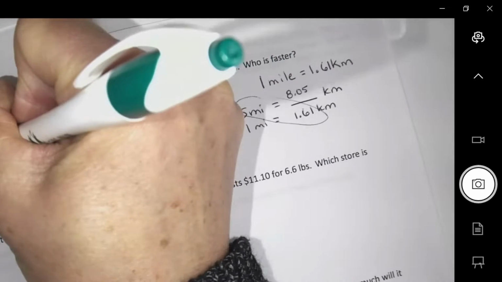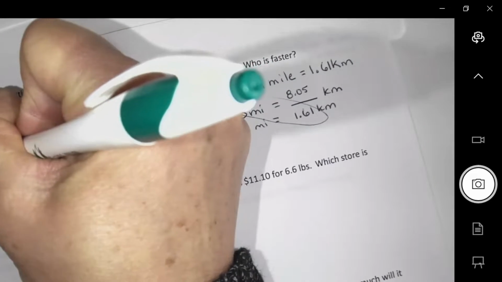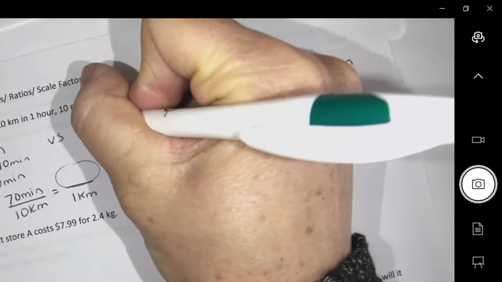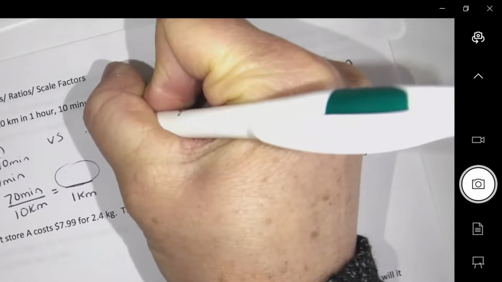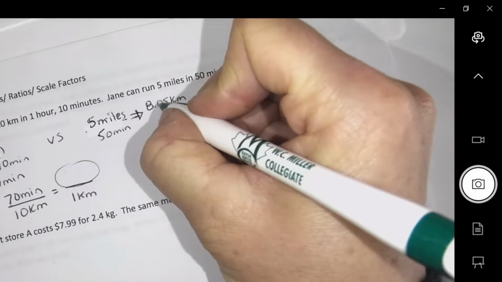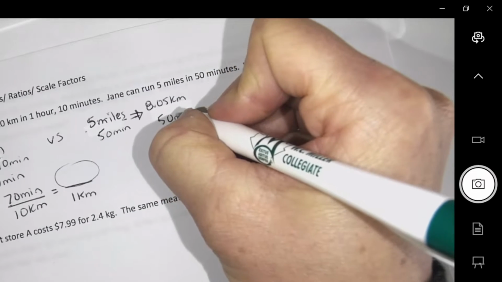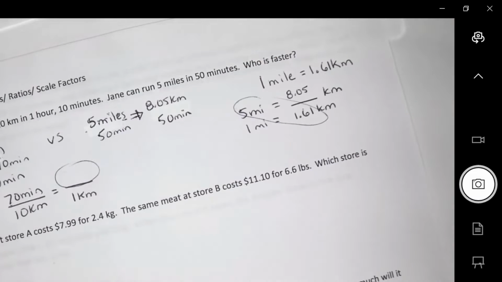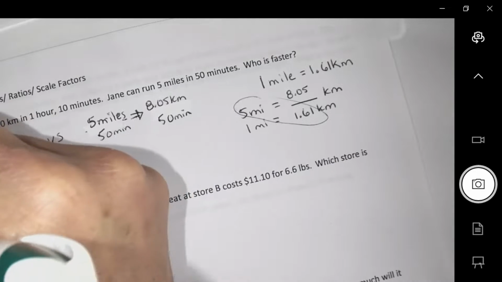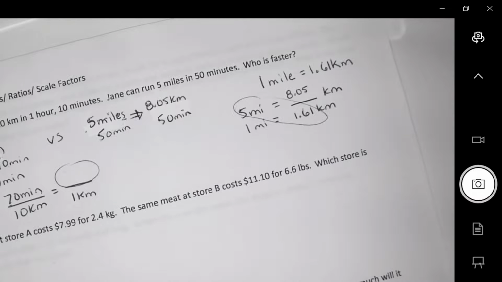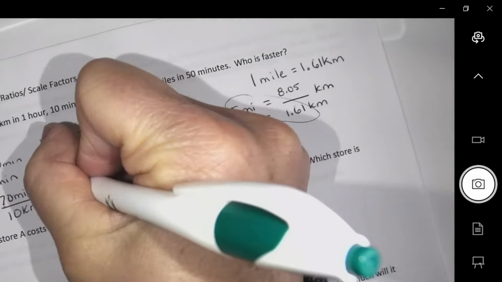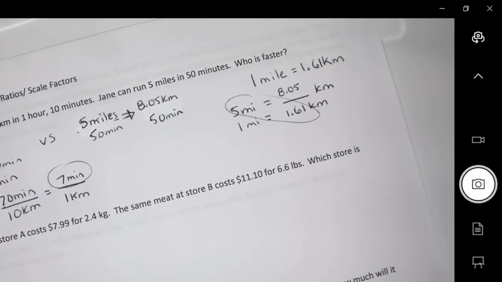Okay, can you get me what I would call a unit rate? Okay, so every kilometer takes you 7 minutes.